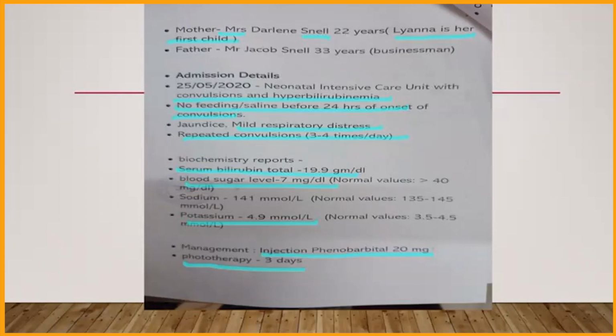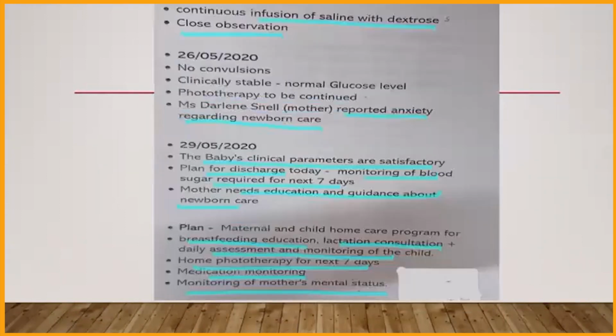And then what do you say? Her mother needs education regarding newborn care, as Liana is being discharged today. Can anyone help with the mother part once again?